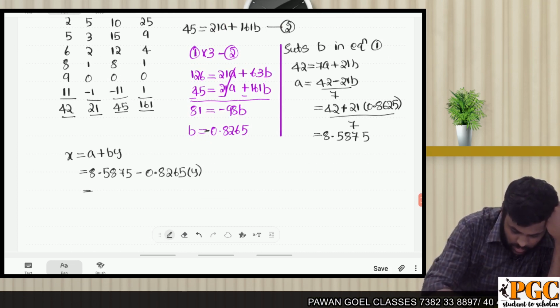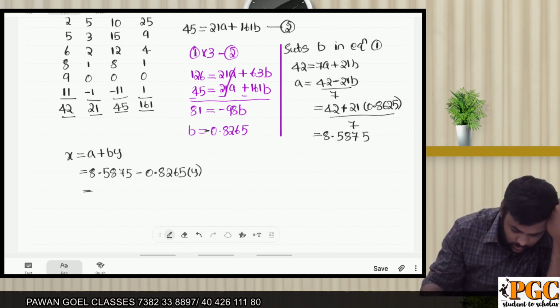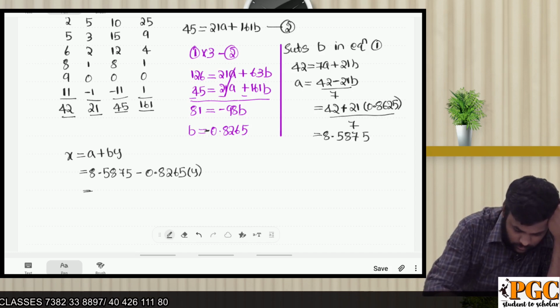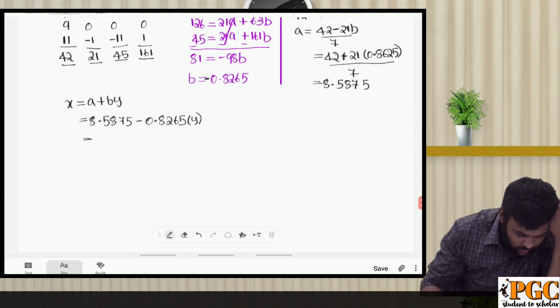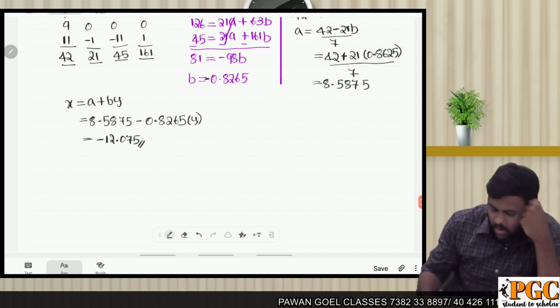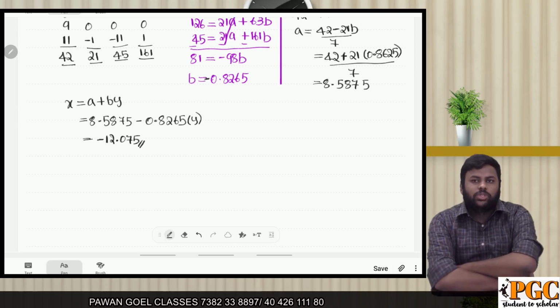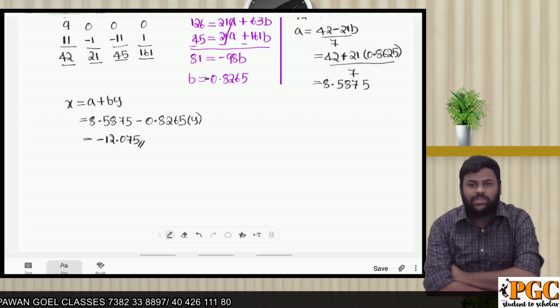So 0.8265 into 25, so the value is supposed to be minus 12.075. Okay, so I hope the basic point is clear, my dear friends, how we compute the regression equations, right?